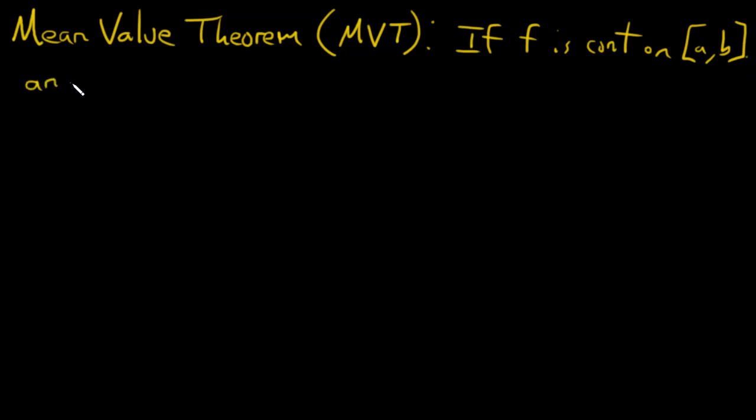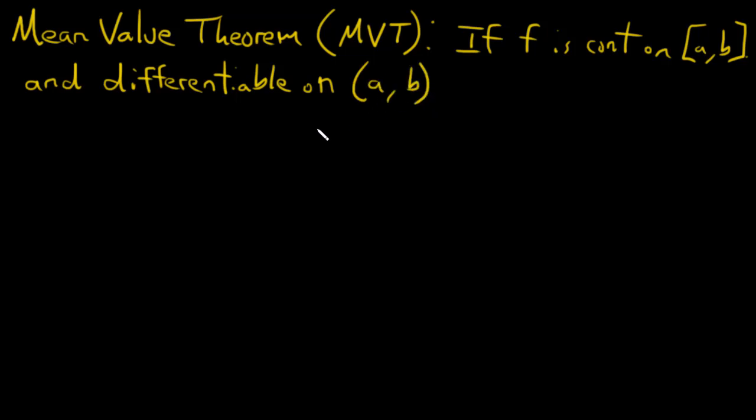And here's another one that we need to state: differentiable on (a, b). You don't have to include the endpoints for that.